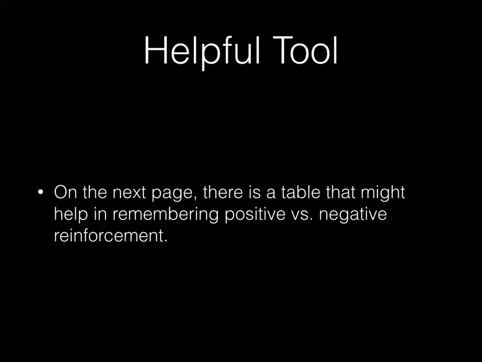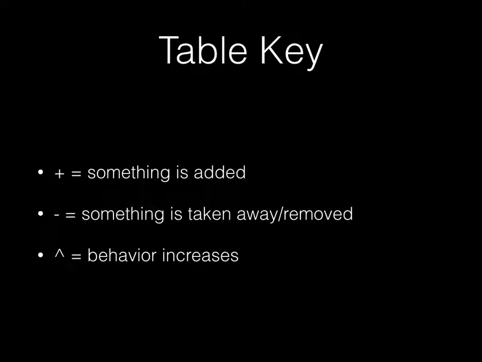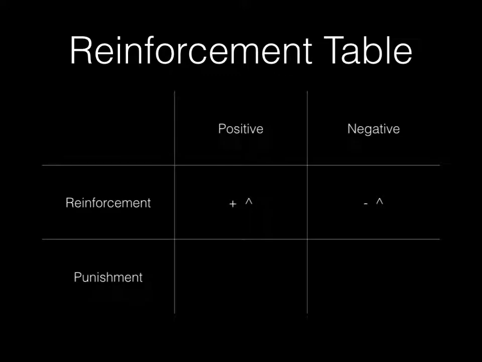On the following pages here, I have a little helpful tool, which I showed you in the last PowerPoint. Now we have our positive reinforcement on the table, and now our negative reinforcement is going to be there as well. The little plus means something is added, the minus means that something is taken away or removed, and then we're going to have two up arrows because that means the behavior is increasing, which means it's reinforcement.